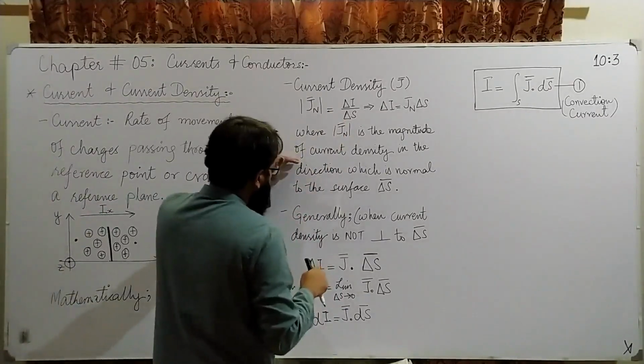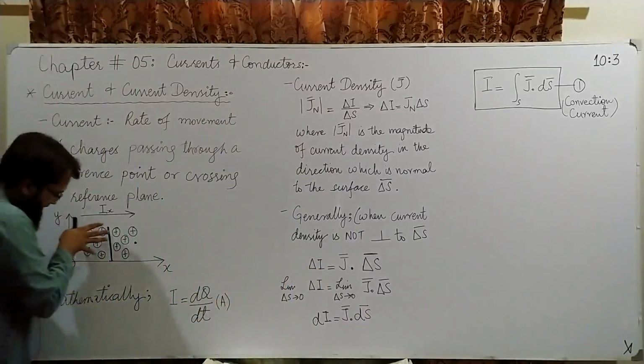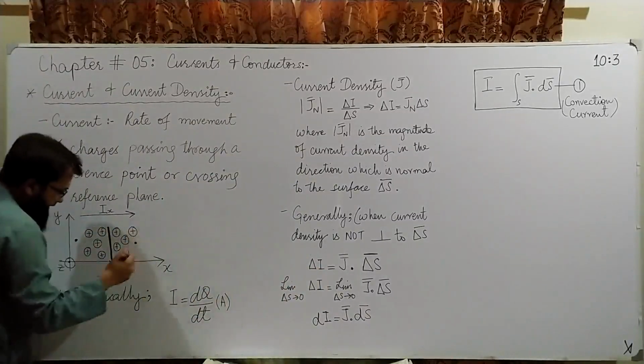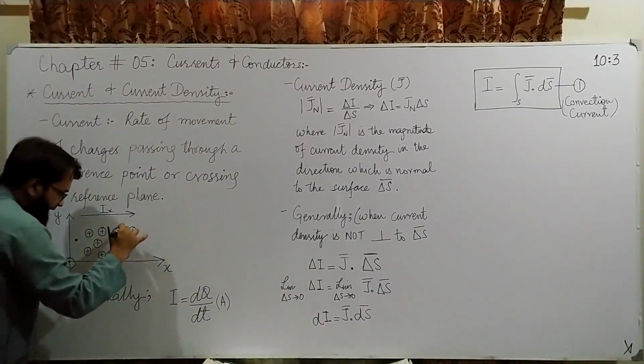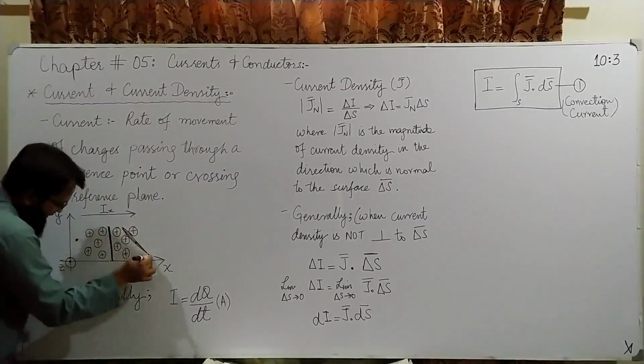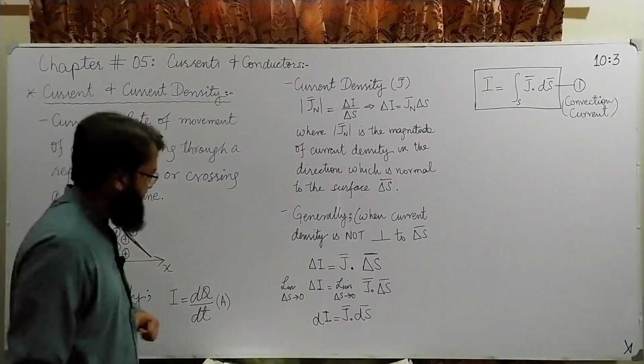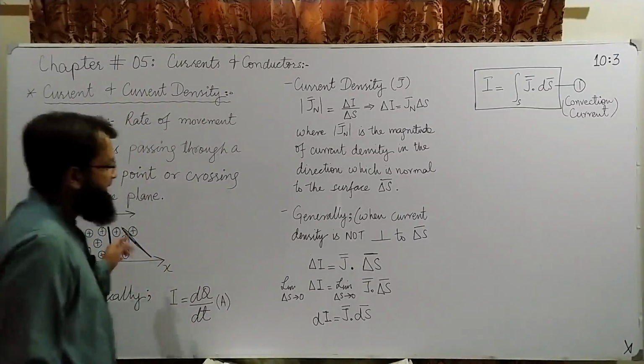Now, if this is not the case, if let's say charges are moving in this direction, and let's say I have assumed this to be the surface area. How would I define current density in this case?